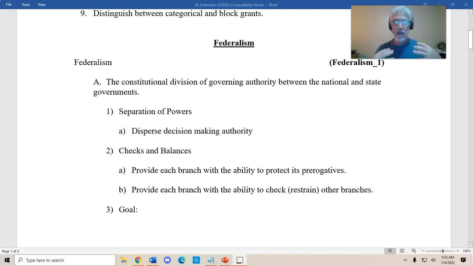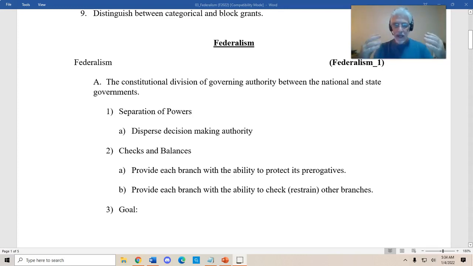In other words, each branch was given its own authority to make policy decisions. And so they gave the branches the ability to protect themselves. And then they also provided each branch with the ability to check or restrain other branches. If another branch started to get out of control, they gave it the ability to restrain them as well.